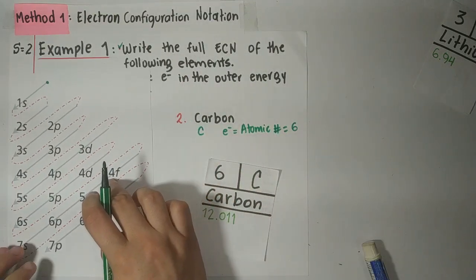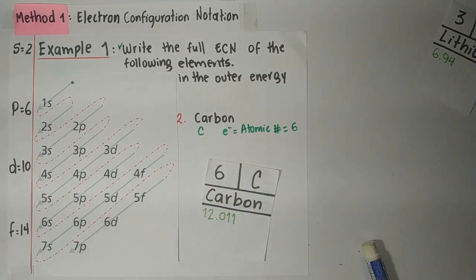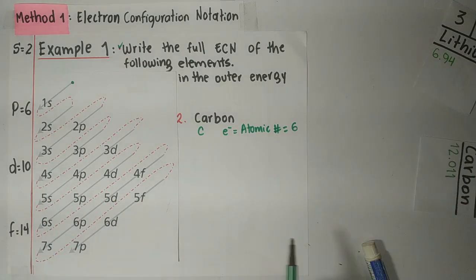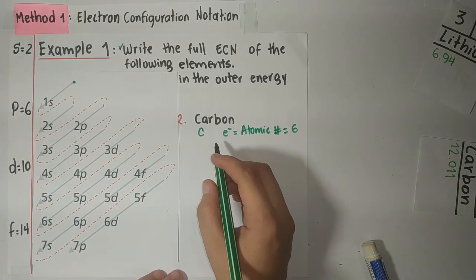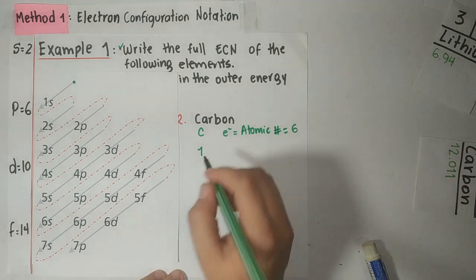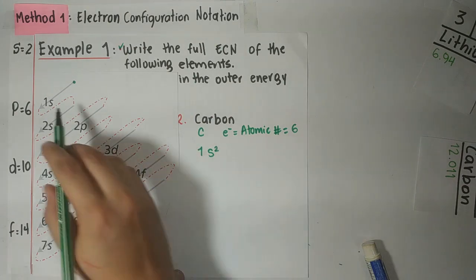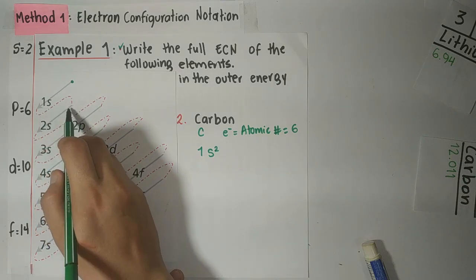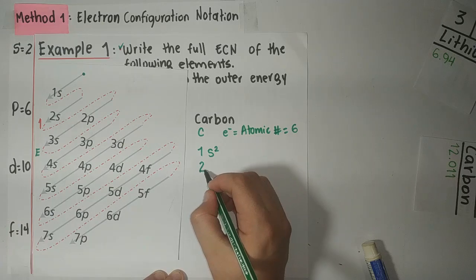So let's take a look. Remember, S is for 2, P is for 6. Now we always start at this point. So we say, in the first level, in the first period, I have 2 electrons.